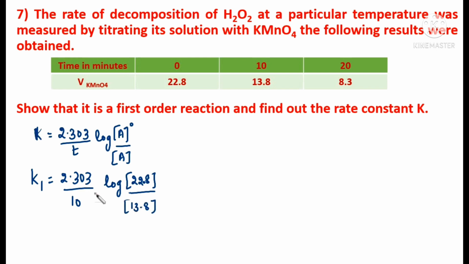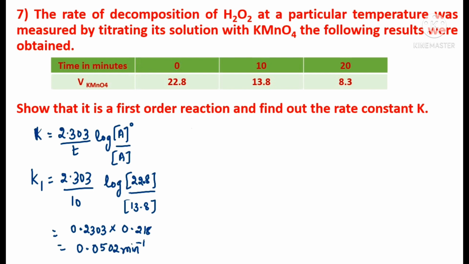Now simplify the values. This becomes 0.2303 into 0.218. When you simplify this, you will get 0.0502 per minute. Understood?